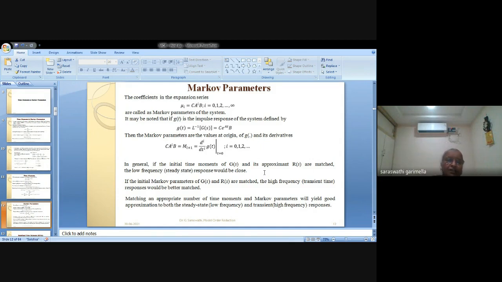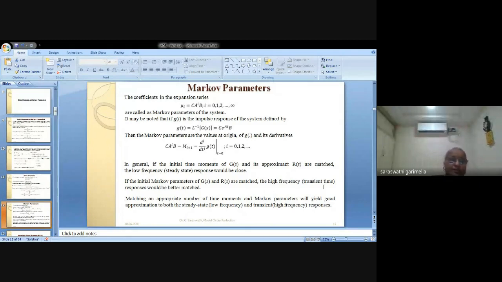If you match Markov parameters, then the high frequency or transient responses are matched. Initially they considered only time moments to match the steady state response, but later on they wanted to match the initial time response, that is the transient response also, and then they considered the Markov parameters.